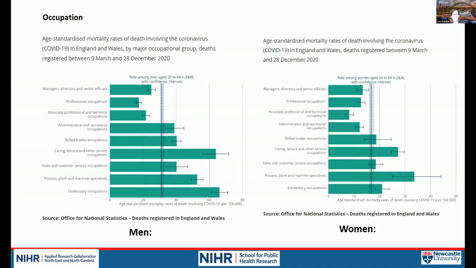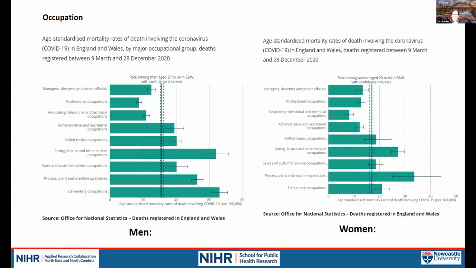The third axis of inequality, which is important to talk about, is to go beyond area public health level measures and to think about individual level measures of socioeconomic status. And here the example is taken from ONS data and PHE data looking at inequalities in mortality for COVID-19 by occupation.